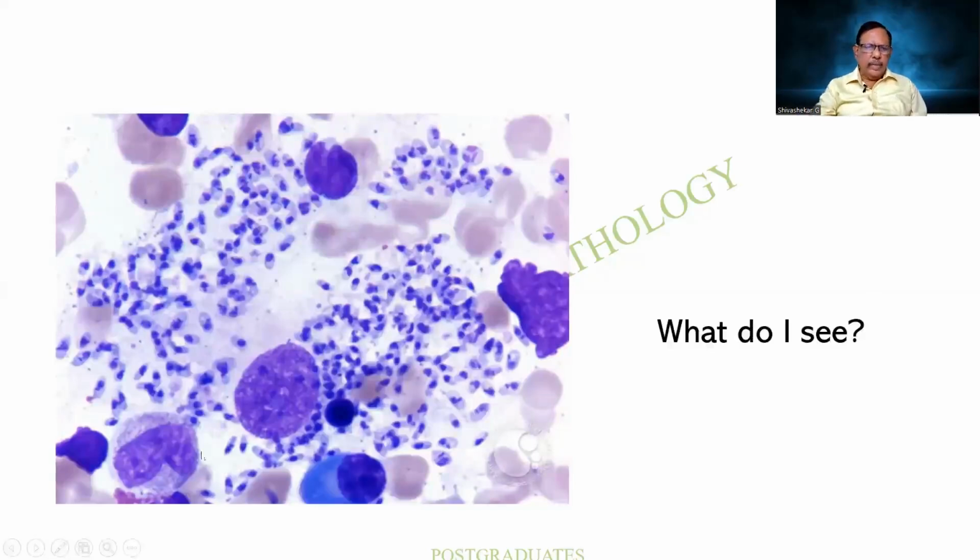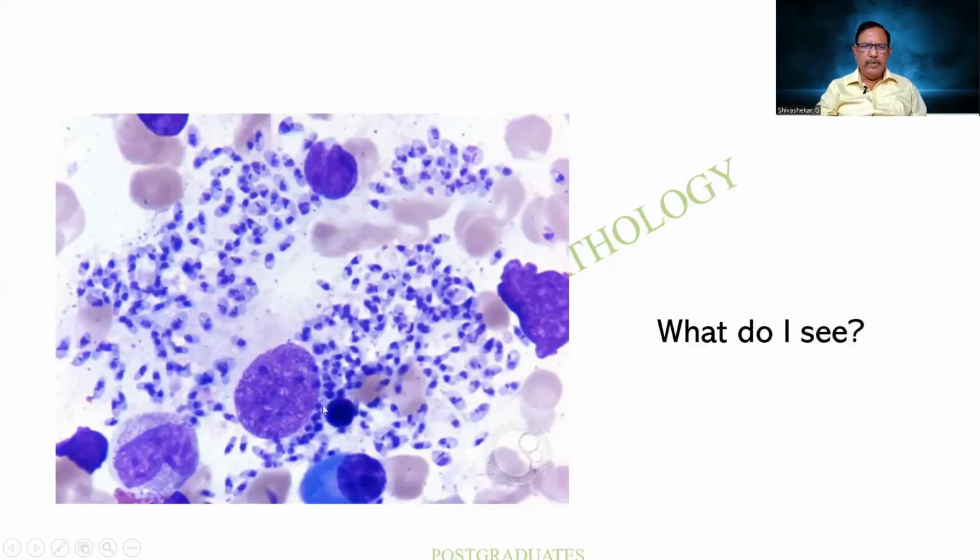Now, what do I see over here? Obviously when this is the nucleus, this has to be the cytoplasm. And obviously within the cytoplasm, there are many such structures. And also, maybe it has ruptured. These have come out and I am finding them outside. They are very small compared with it. This is obviously a plasma cell.